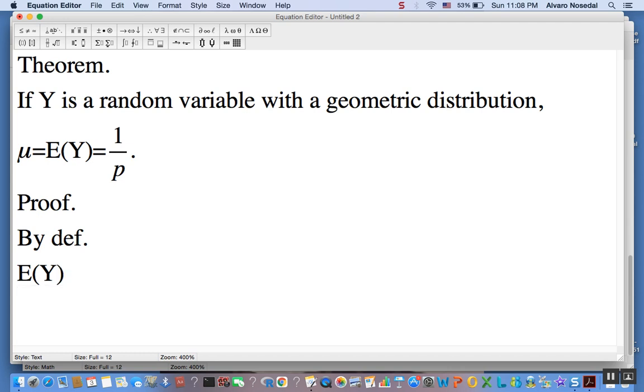So the expected value of random variable Y in this case would be the sum of y times p of y, the probability that random variable Y equals a particular value lowercase y, and we do the sum of all those products for all possible values of y, and in this case y goes from 1 up to infinity.